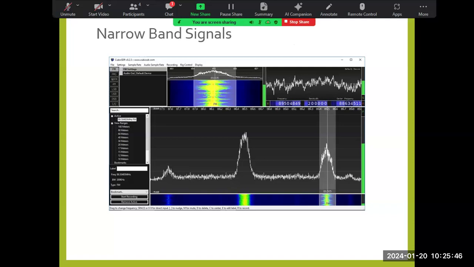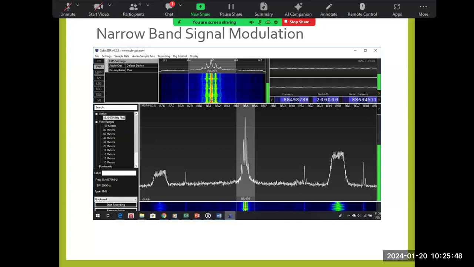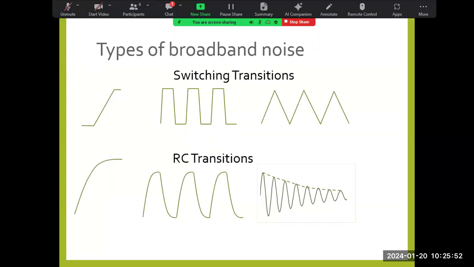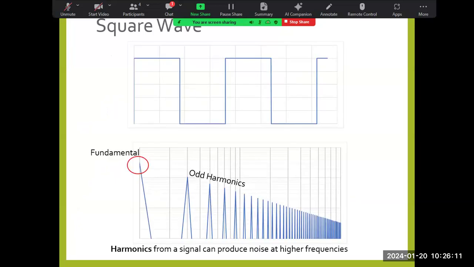Okay, here's an example of a narrow band signal modulation. Narrowband noise. Broadband noise, any sort of switching transitions. And like I said, when you have the pulse width, your electronics will read the envelope as well as what's in it. So depending on where you're looking, there can be problems.